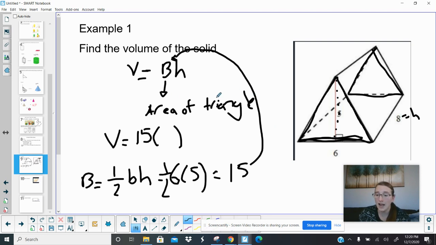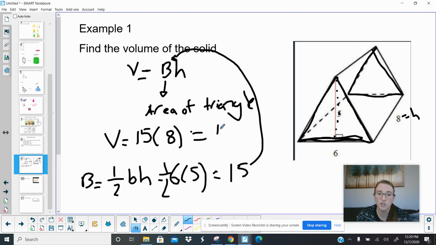We already determined what the height was. What was the height again? That should be 8. Again, I know it looks like it's sideways. You wouldn't necessarily call this a height, but when you tilt it up, that is the height. So our volume is 15 times 8. Whoa, what did I just do? So let's grab a calculator for that. Our volume is 15 times 8.